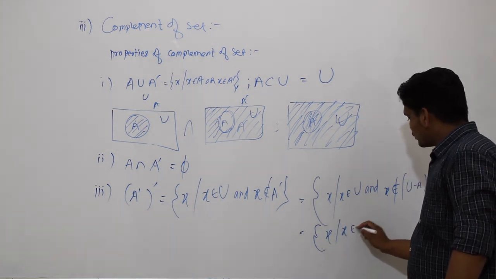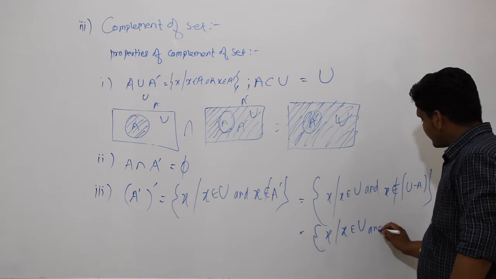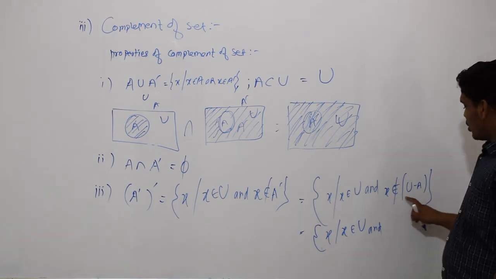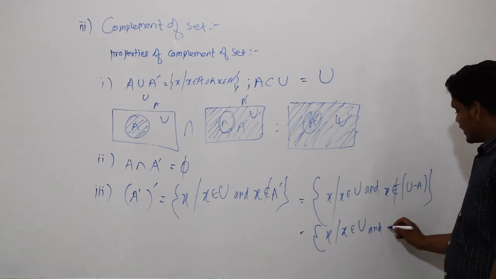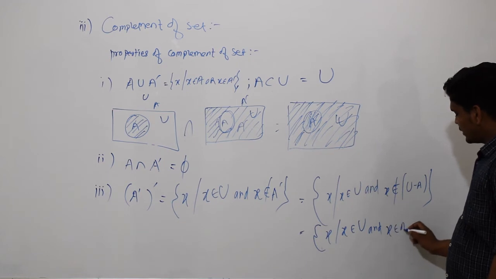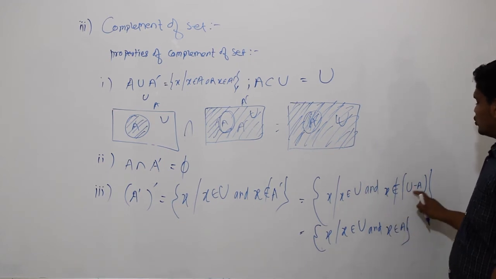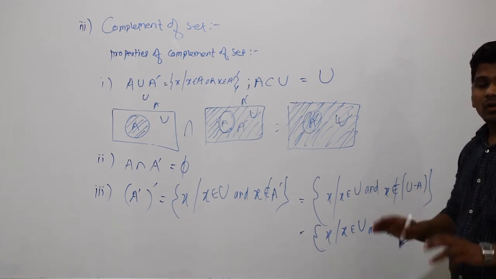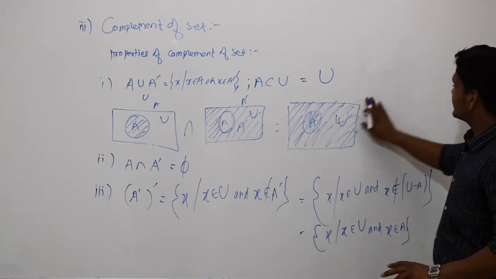X belongs to U, and X does not belong to U minus A means what? X belongs to A.